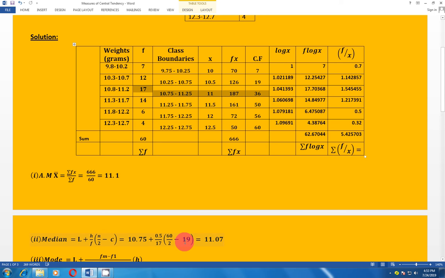So after putting the values, when we calculate 60 divided by 2, which is equal to 30, 30 minus 19 will be equal to 11, 11 multiplied by 0.5 will be 5.5, and 5.5 divided by 17 plus 10.75 will be equal to 11.75. So that will be the second average, and that is median.